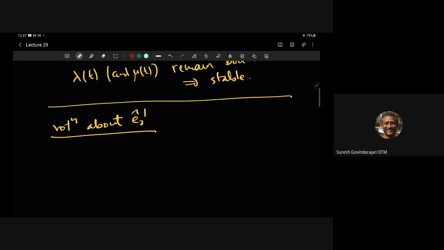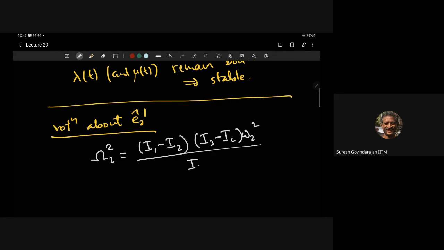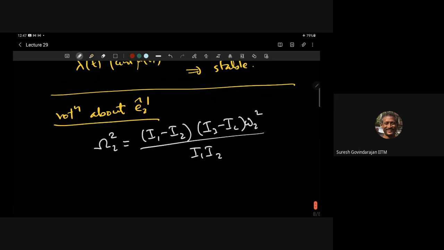In this case, what you will get is omega 2 square, similar thing will go through, and you will get something like I1 I2, (I3 minus I2), omega 2 square by I1 I2. Similarly, if we do rotation about the other axes, we'll get similar equations.